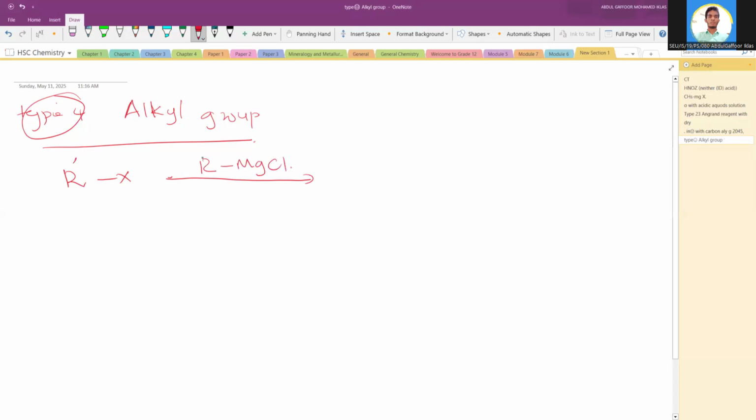What will happen is this R and this R dash will combine to form R dash R, plus this Cl or whatever it is. We can use MgX, general form. So this X and this MgX will combine together to form MgX2. That's all.